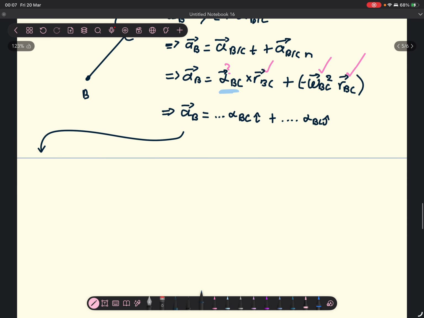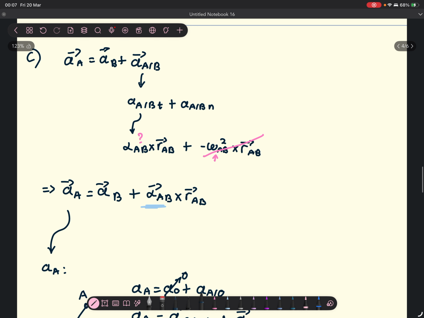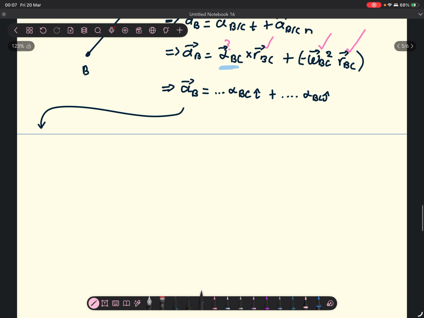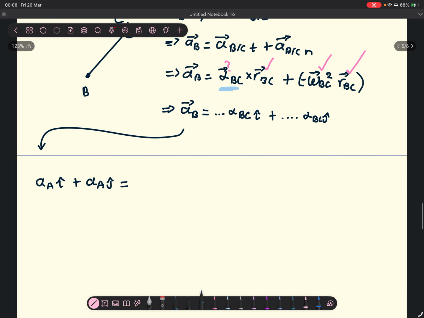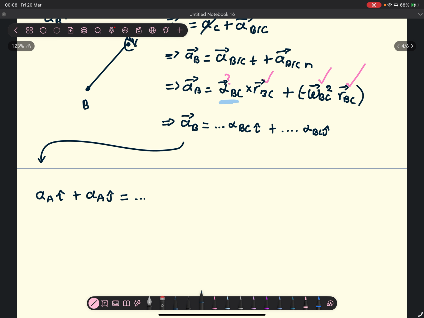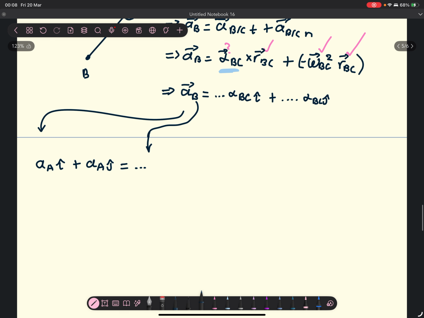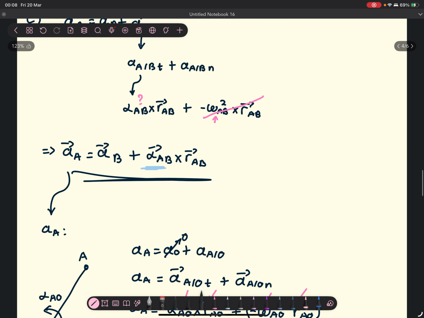Now if we substitute that back into this equation, we get the acceleration of A in the I hat direction plus the acceleration of A in the J hat direction equal to something, something, something alpha BC in the I hat direction plus something alpha BC in the J hat direction.